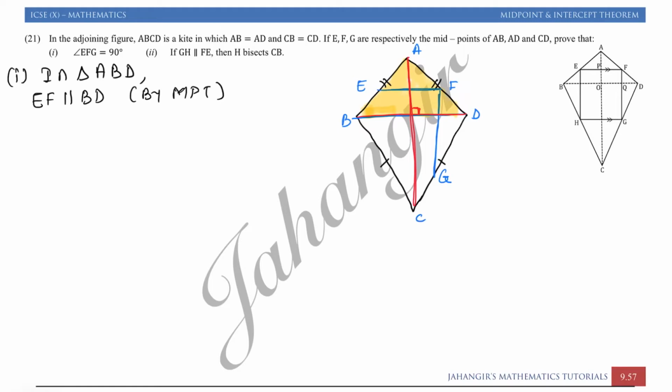Because EF is the line joining the midpoints of two sides of a triangle, it is parallel to the third side. Let's say it intersects AC at P. So therefore PF is parallel to OD. So these two lines are parallel.